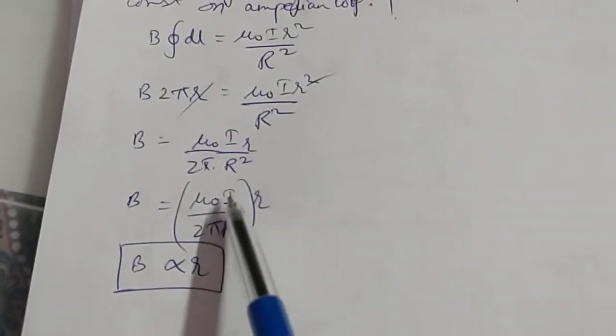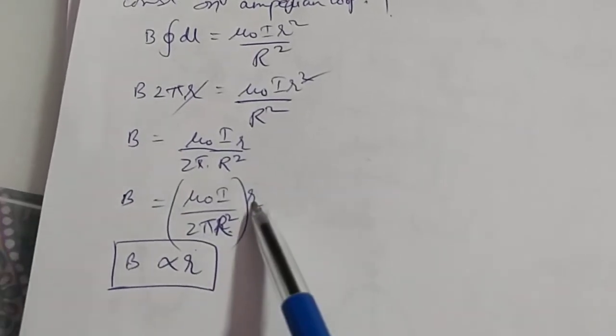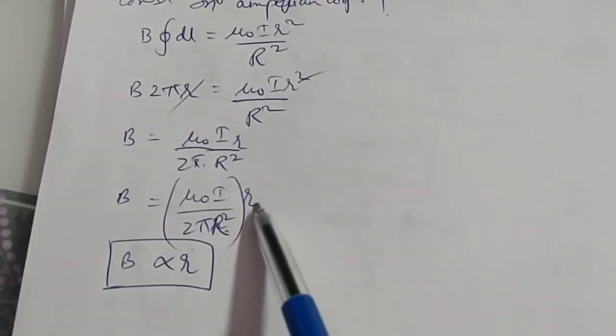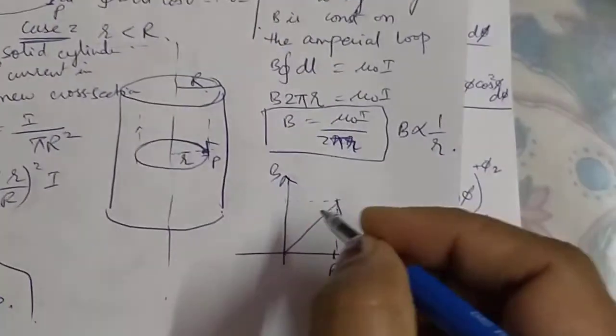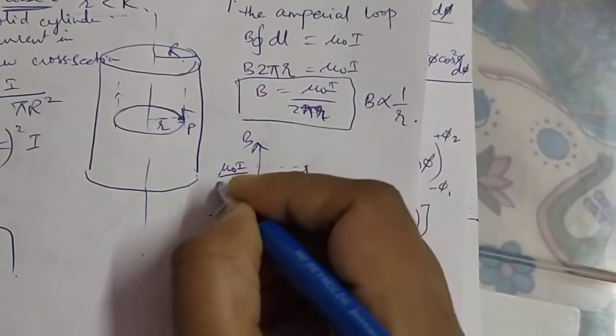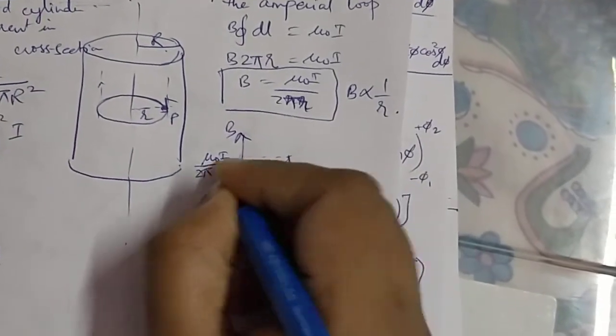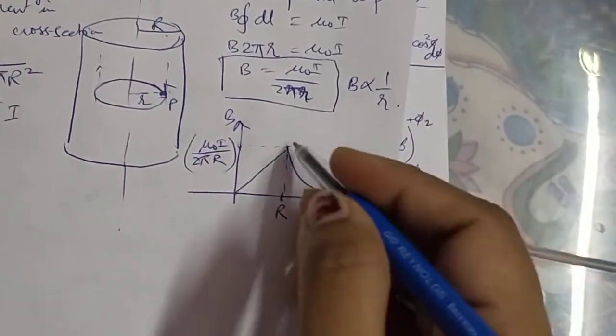This value will be the magnetic field at the cylinder's surface, when small r is capital R. So if you put capital R, one r cancels, and we get mu naught I by 2 pi R. So this is the value of B naught here, and after that it is decreasing inversely.